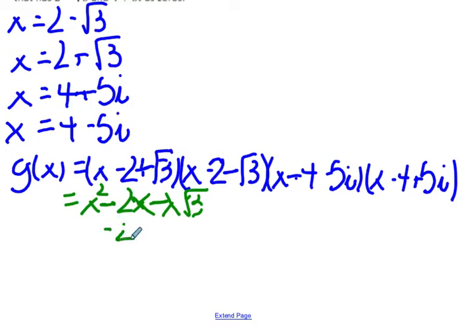So minus 2x. And then we said we had negative 2 times negative 2, which would be plus 4. And then negative 2 times negative radical 3 would give you plus 2 radical 3.